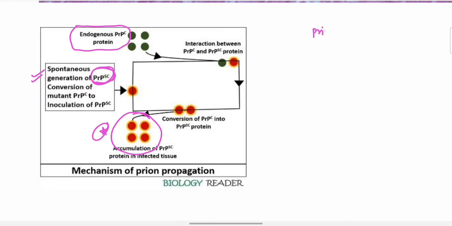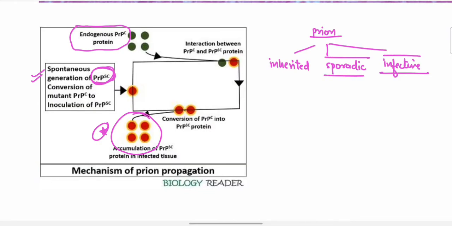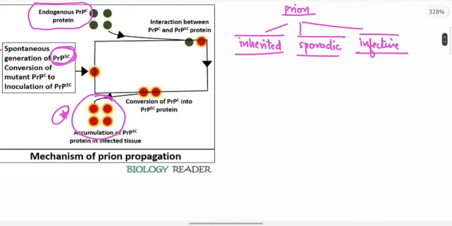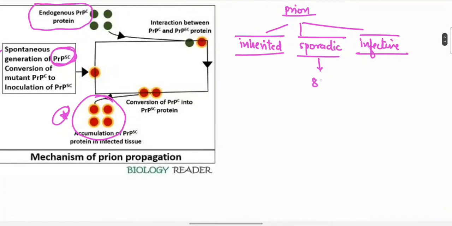Now, prion disease can be inherited, sporadic, or infective from other animals or human to human. The most common type among them is sporadic, around 80% of cases.